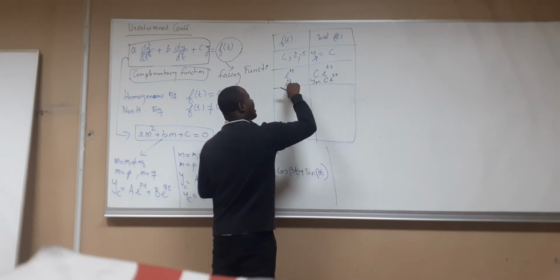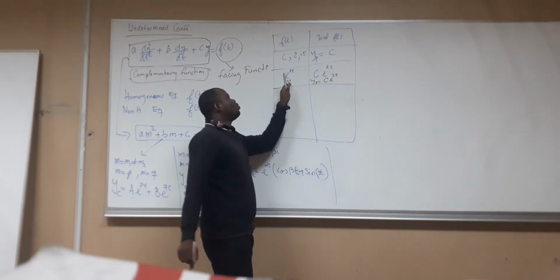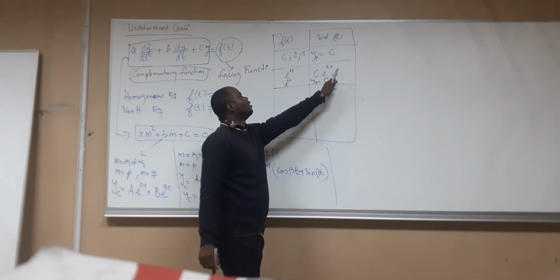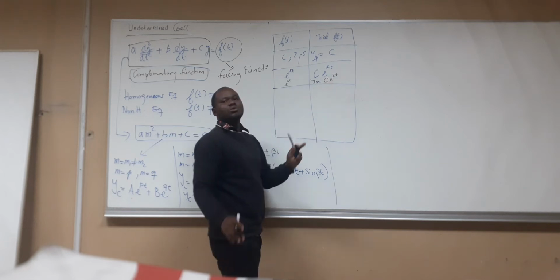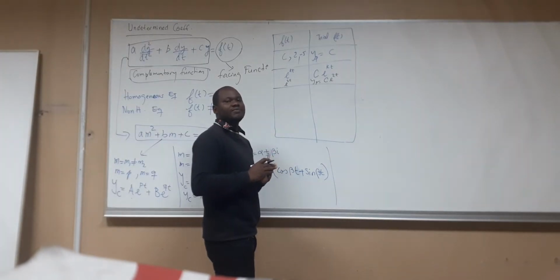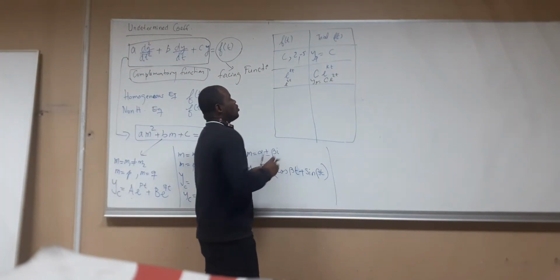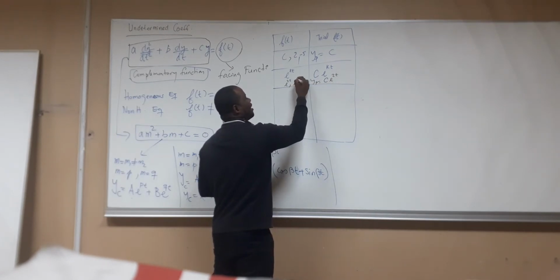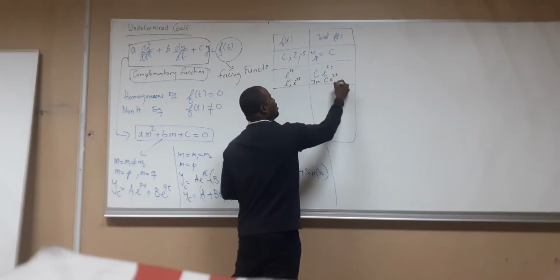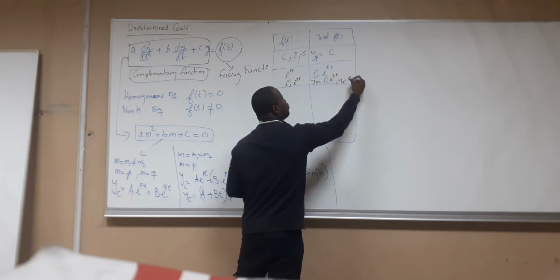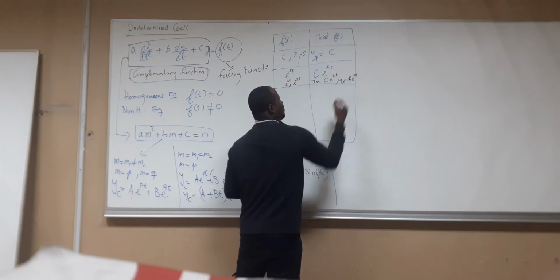You have to repeat that 2, because if you put a different one, then you have problems when you will be simplifying your functions. So you repeat that. For example, if it was e to the power minus 5t, your yp will be equal to c times e to the power minus 5t.